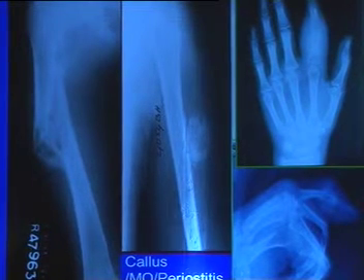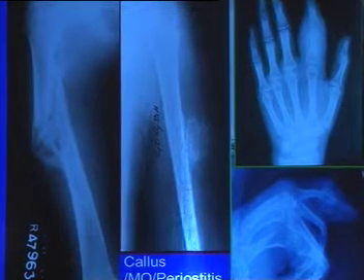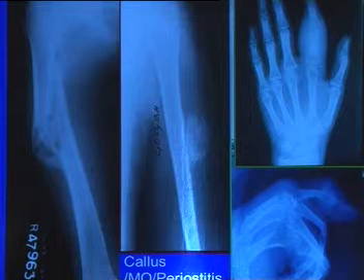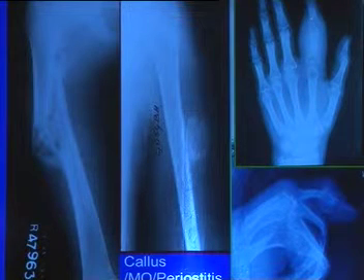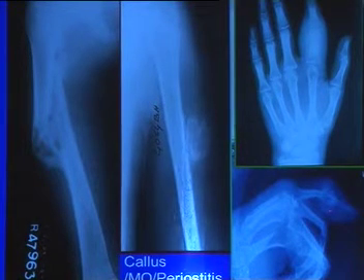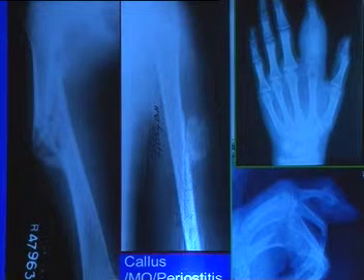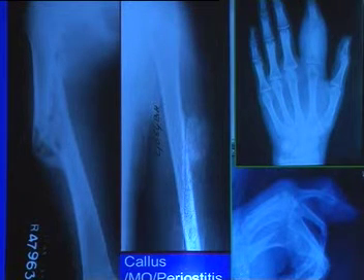These are three examples from my practice, all of which were called osteosarcomas. This is actually a malaligned fracture. This is actually a myositis ossificans, and these are two different patients, and these are examples of hypertrophic periostitis of the small bones of the hands and feet.